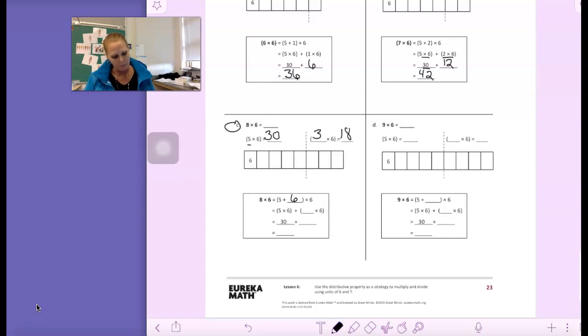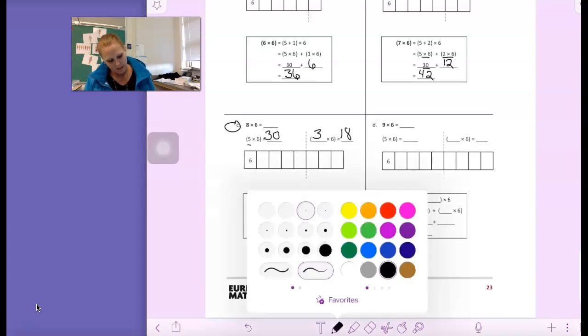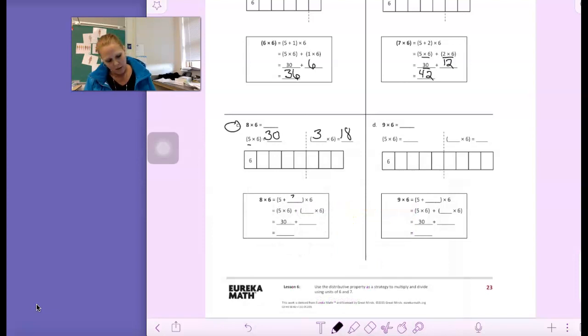I'm sorry. 5 plus 3. That's how we broke apart our 8. So it's really 8 times 6. So we did 5 times 6, 3 times 6, 30, and 18 is 48.